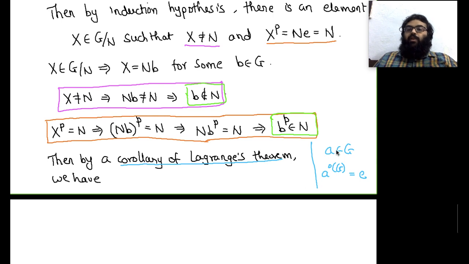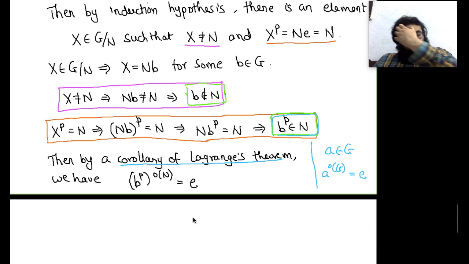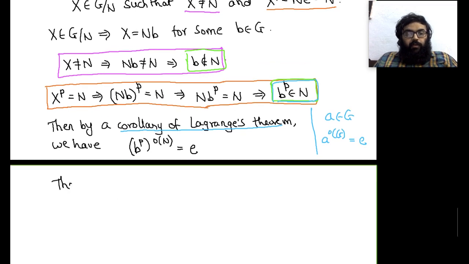This is the one we are using. So b power p belongs to n. That means b power p raised to order of n must be identity. Is it clear? b power p raised to order of n is identity. That is, b power order of n raised to p. We can write it like this also. This is identity.